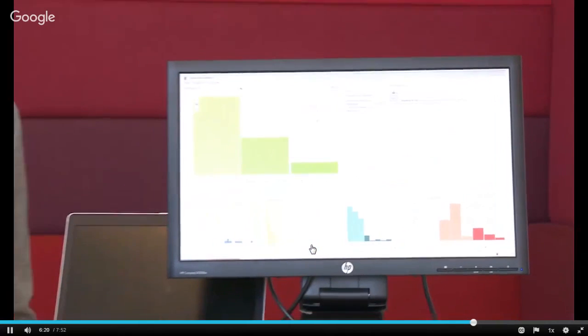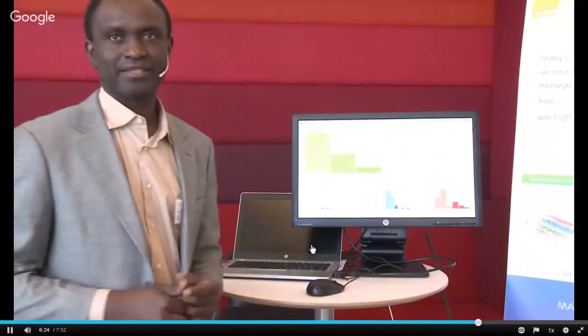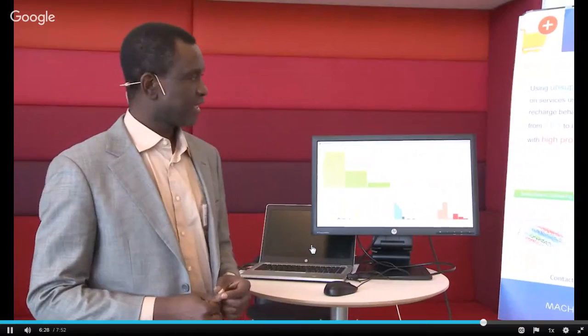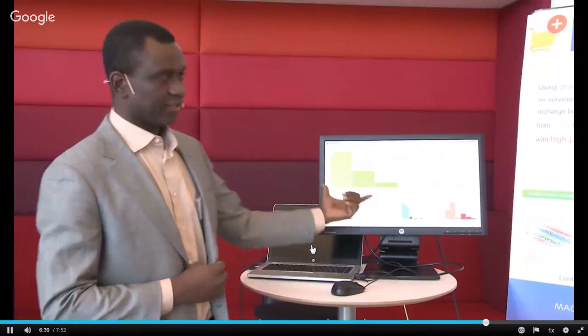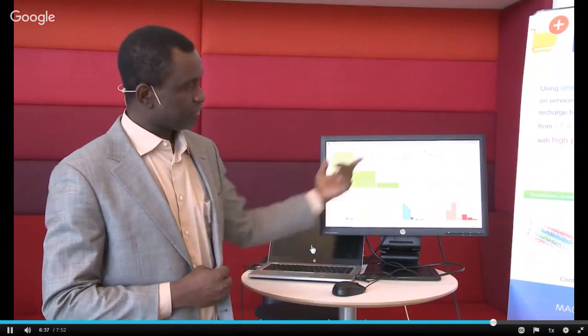If we detect that this user doesn't have the right device or the right plan to have a better experience with the service, the machine learning will indicate this to us. And then we will suggest to this user a new phone model, or a new plan that will help them to have a better experience with the service.